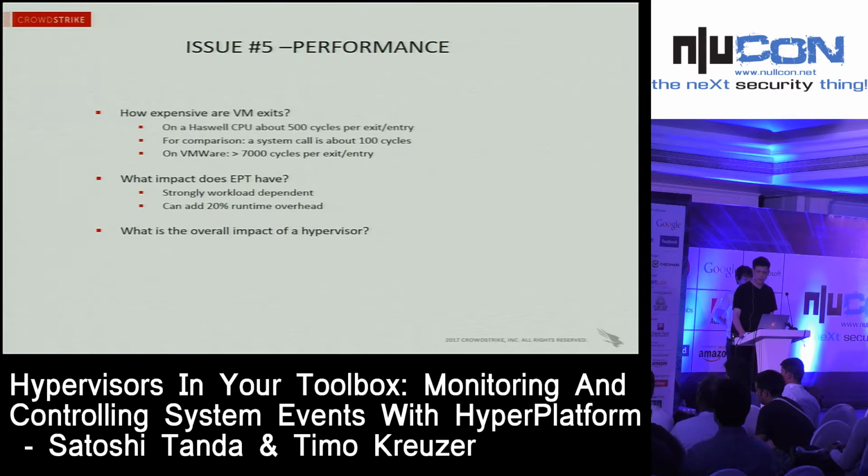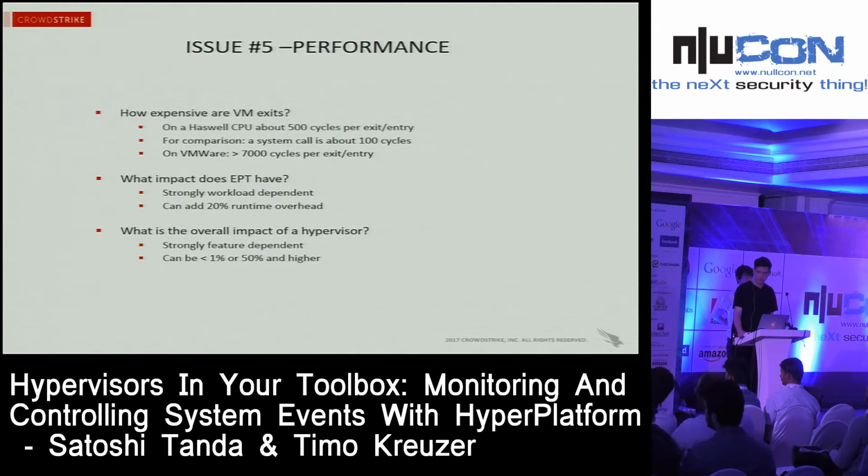And the overall impact of the hypervisor is feature dependent, obviously, whether you use EPTs or not, or what kind of configuration is deployed to the hypervisor. It can be below 1% if you don't have EPTs enabled and if you don't use many features, or it can be 50% and higher depending on what you are doing with it.